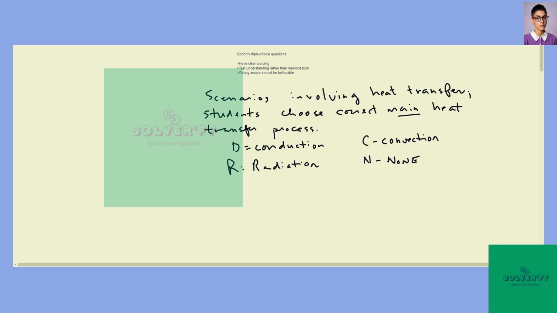So, one scenario could be sunlight travels to Earth through space. And of course, that would be radiation. Getting them to understand that these waves can go even through a vacuum.